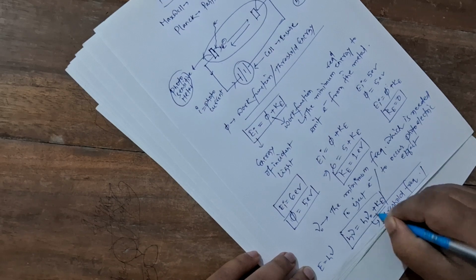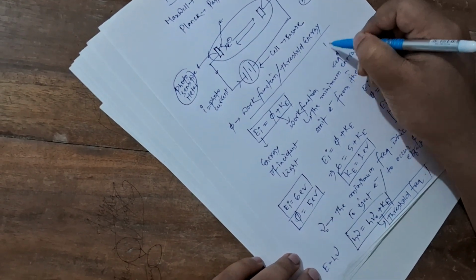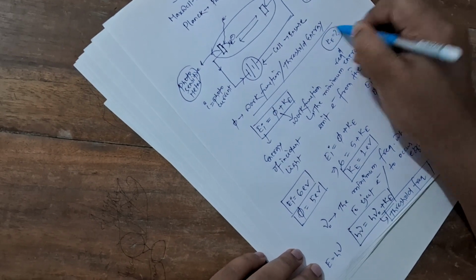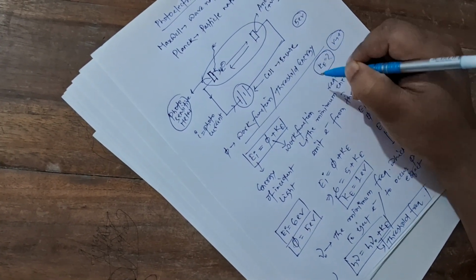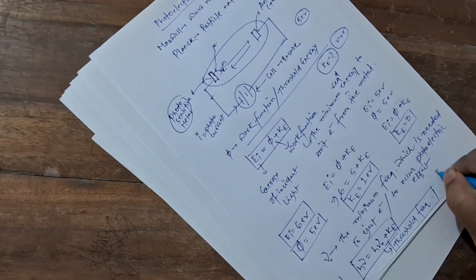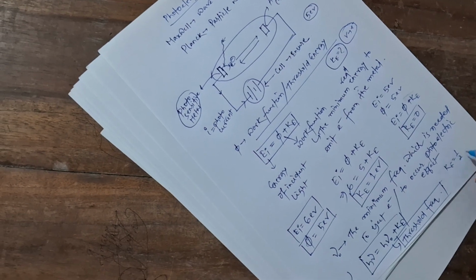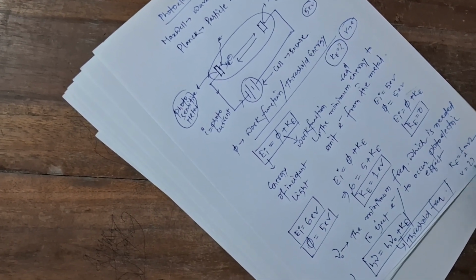From this topic, we can get a lot of numerical questions like how to find kinetic energy from this equation, how to find velocity of electron. How can you find velocity of electron? If you write K equal to half m v square, from here we can find the value of v.